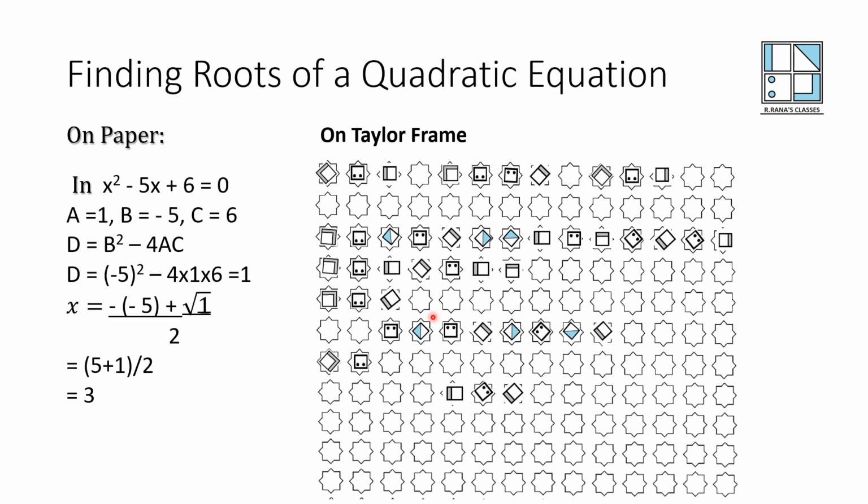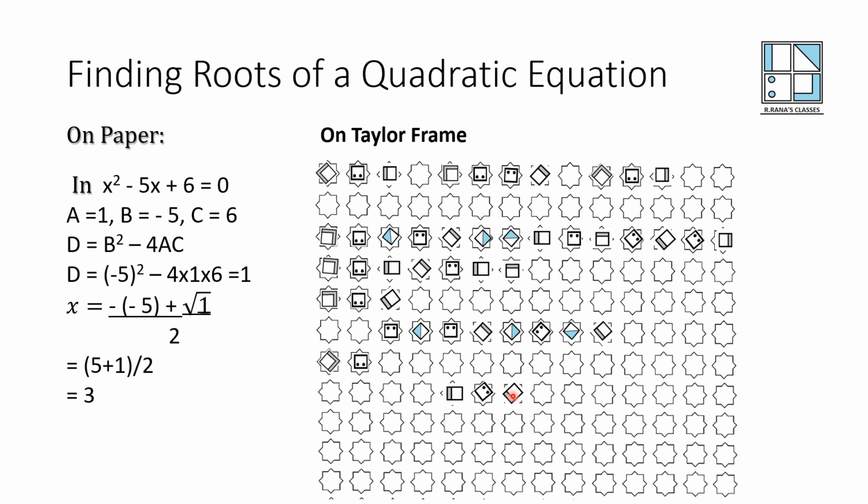Now we know x is equal to minus b. So it is minus brackets open minus 5 brackets close, because b is minus 5, plus square root of d. Square root of d is square root of 1, divided by 2a. 2 into a was 1.